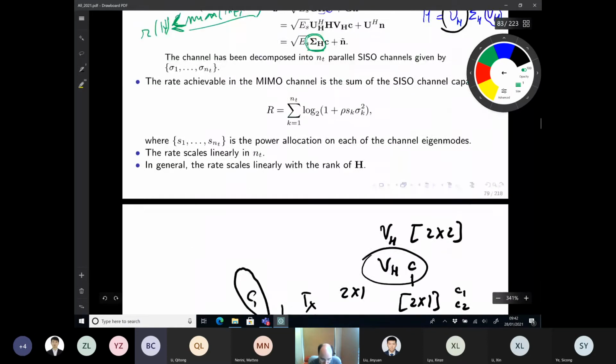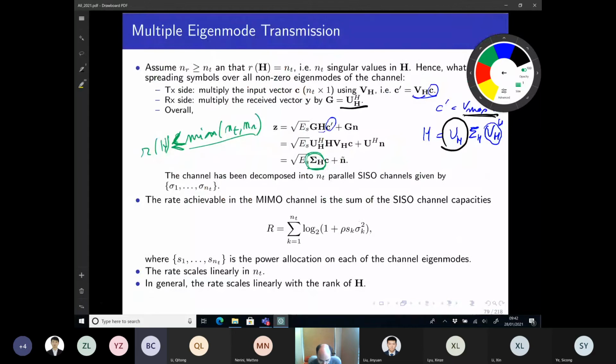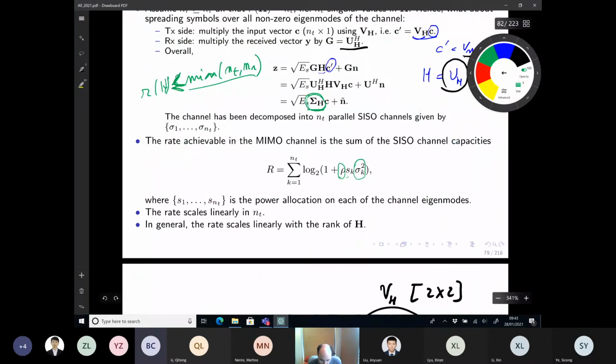And this is what we have here. I have essentially a long-term SNR multiplied by the eigenvalues of the channel K, of the virtual path K, or the mode K, right? And I'm allocating here a certain power to that virtual path.